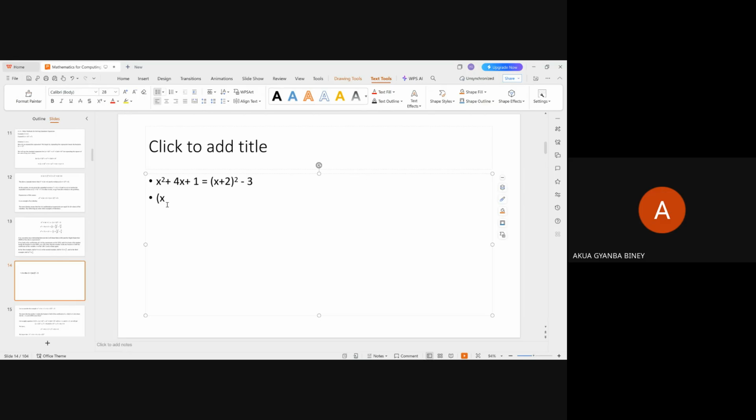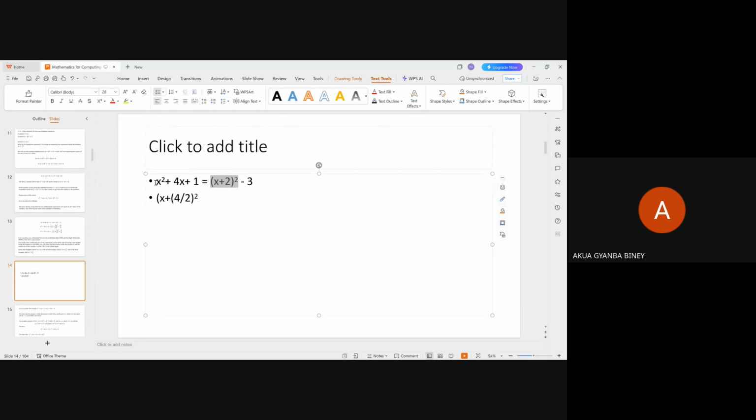If it is minus, don't forget the minus. If it is plus, maintain. It should be 4 divided by 2, all squared. So this is how to get this part of the equation.